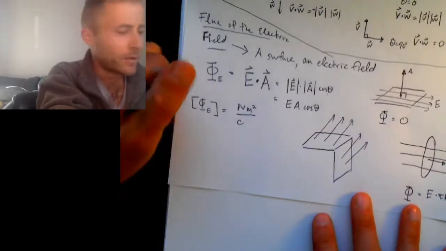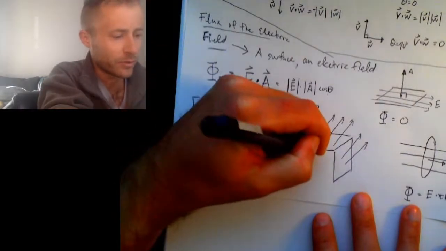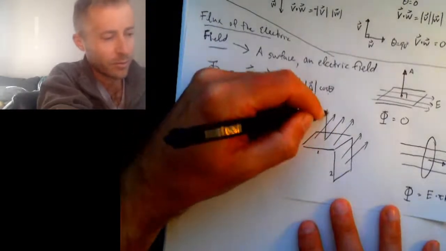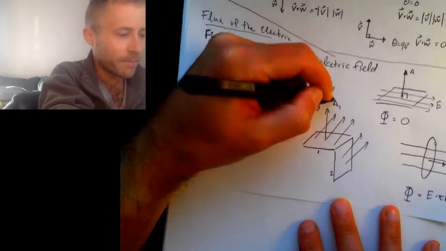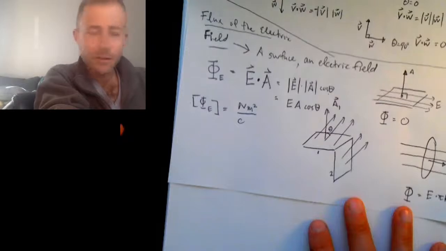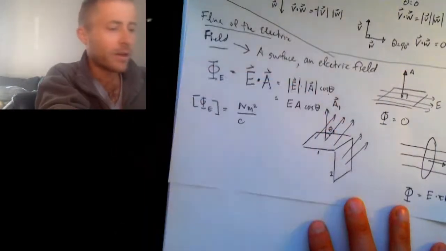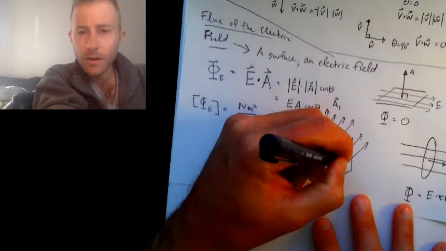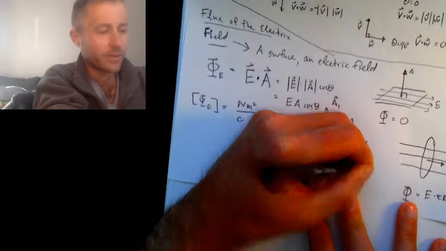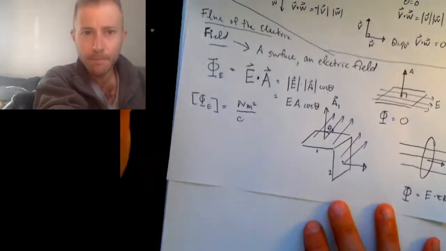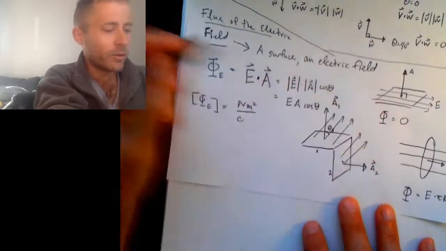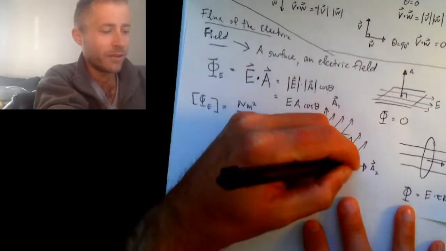If I call this surface 1 and this surface 2, surface 1 has an area vector that points that way with that angle. I should call that theta 1. And then surface 2 has an area vector that points that way, and so your angle is going to be that angle.